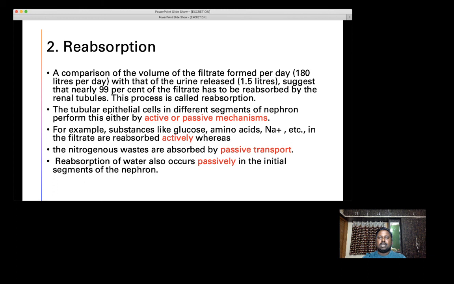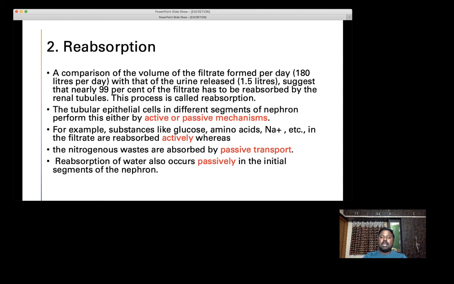Next, the second stage is reabsorption. Per day, 180 liters of filtrate is produced through the filtration process, but urine is released at only 1.5 liters per day, because 99% of the filtrate is reabsorbed by the body.